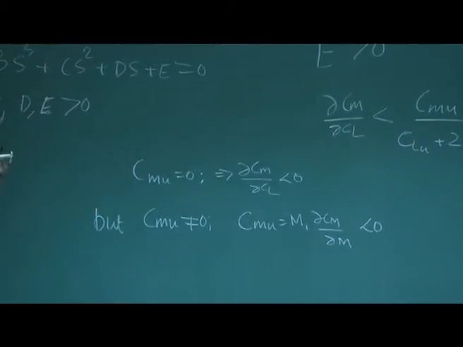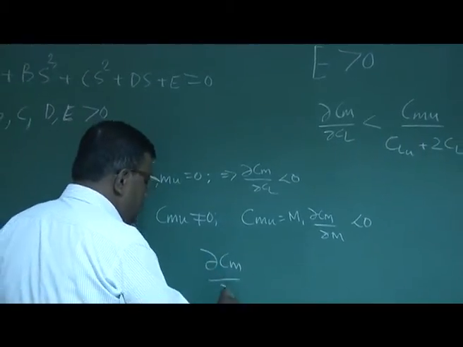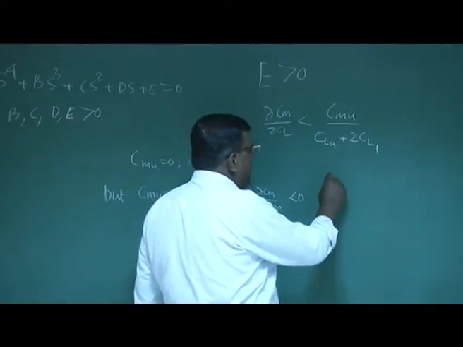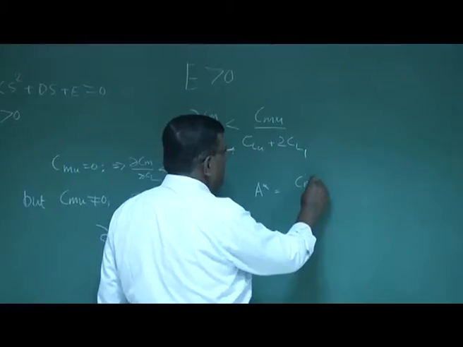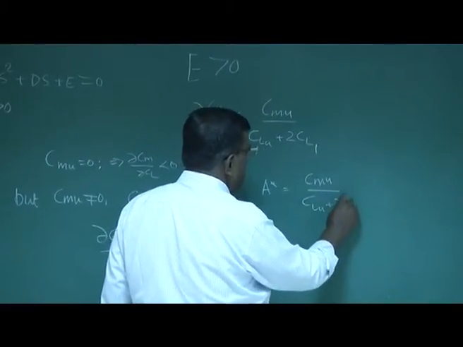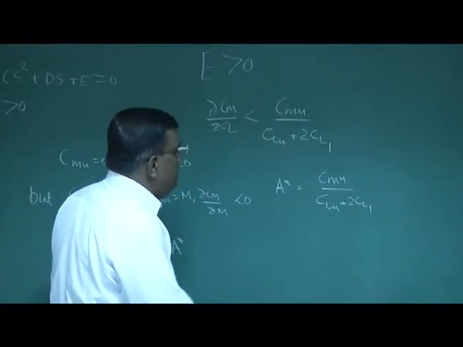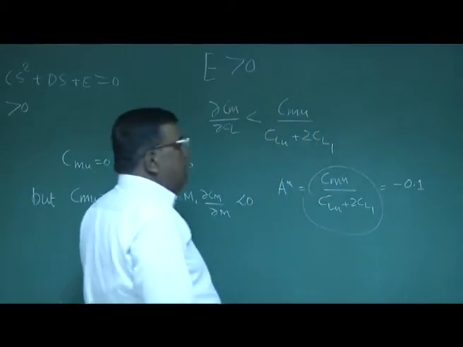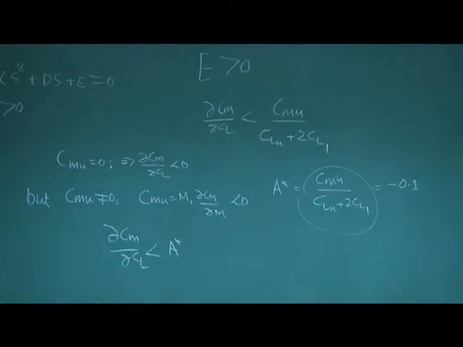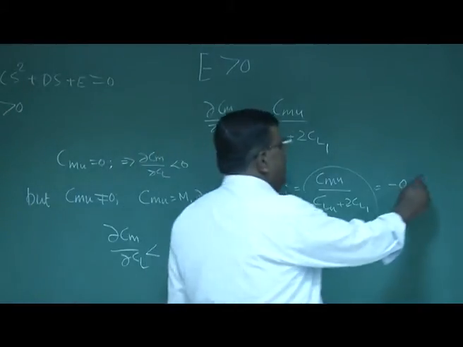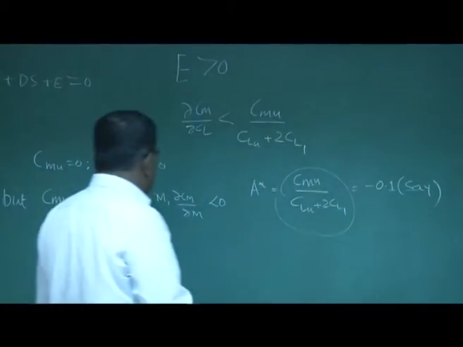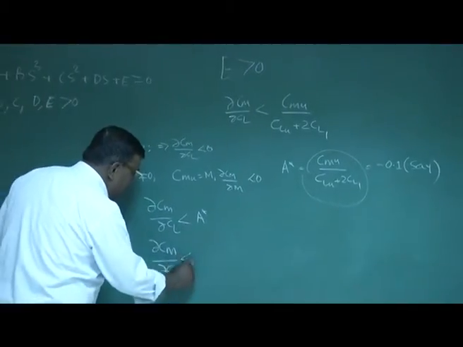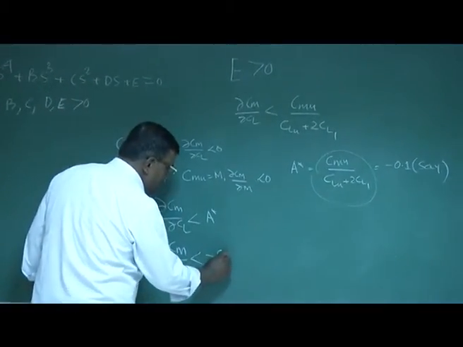Then this condition says dCm/dCl should be less than A star. But what is A star? A star is nothing but CMU/CLU plus 2CL1. Typically, let's say this value is minus 0.1. CMU is negative. This is an example to understand this. That means the condition is not just dCm/dCl less than 0. The condition is dCm/dCl, yes, indeed less than 0, but it should be less than minus 0.1.